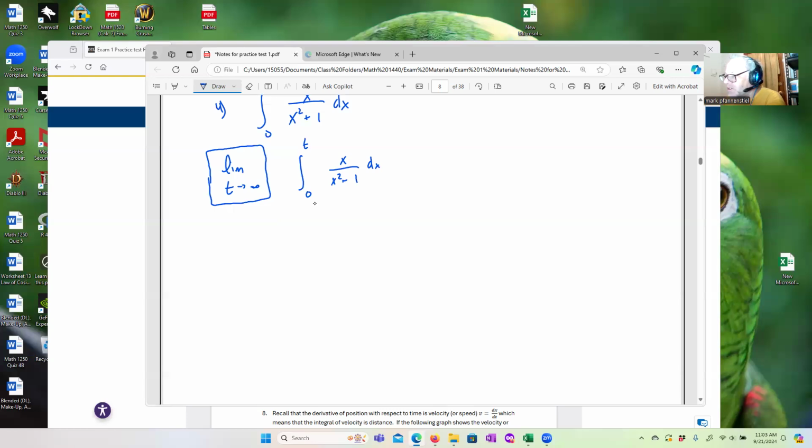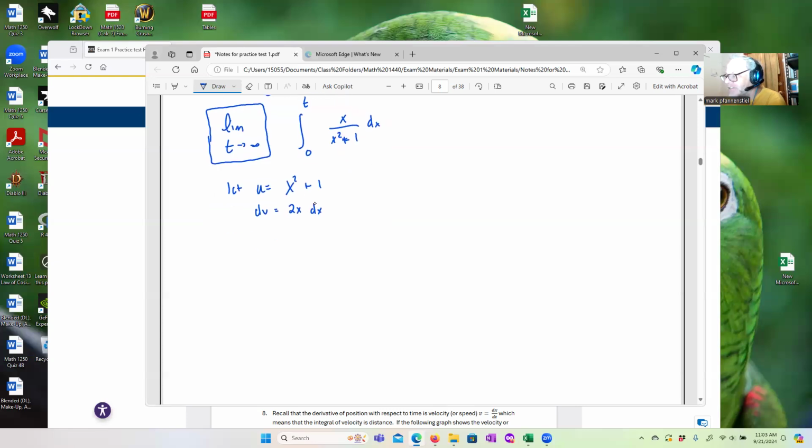So this looks like a u substitution. So we're going to say let u equals x squared plus 1. That should be a plus here. Now, we're going to do a couple of things after this point. First thing, as soon as you make a substitution in calculus, take its derivative. The second thing I'd like to do is say, okay, when x equals 0, u is equal to 1.